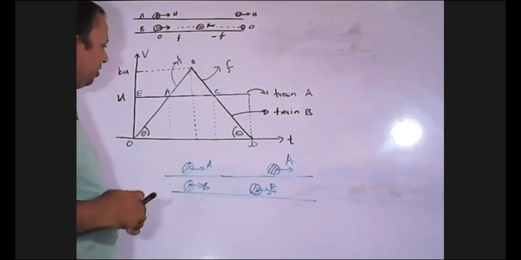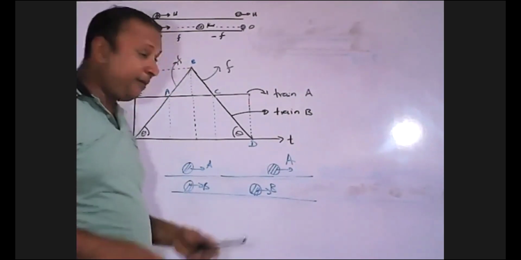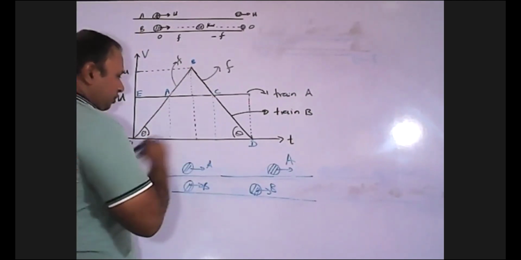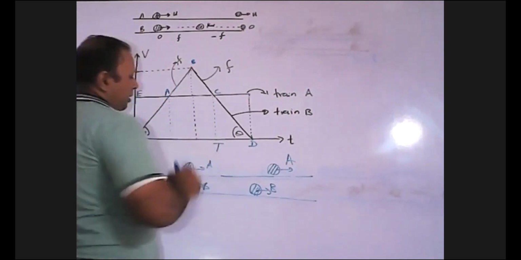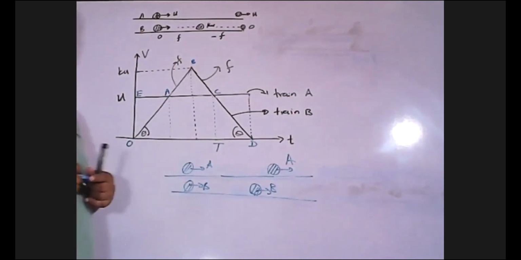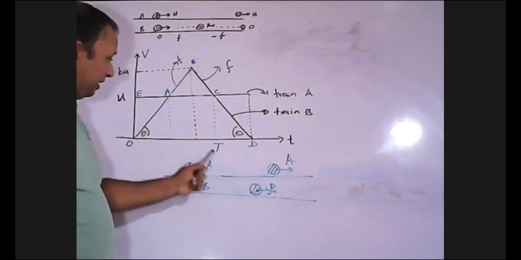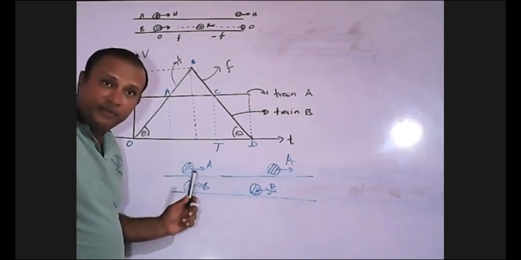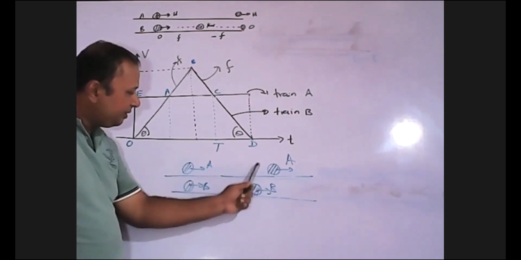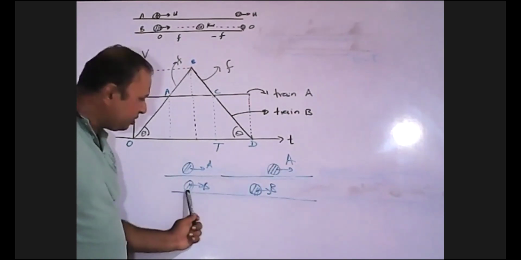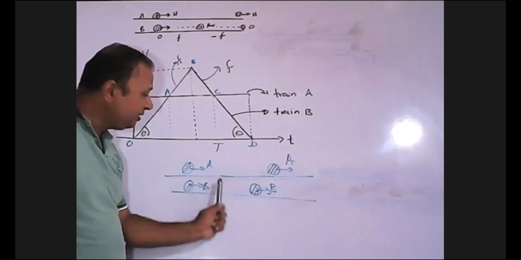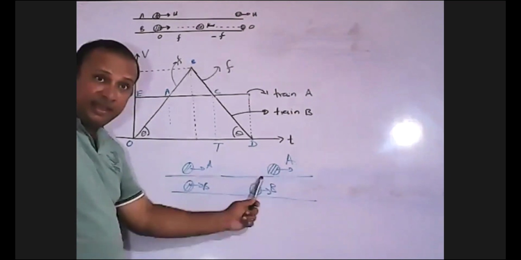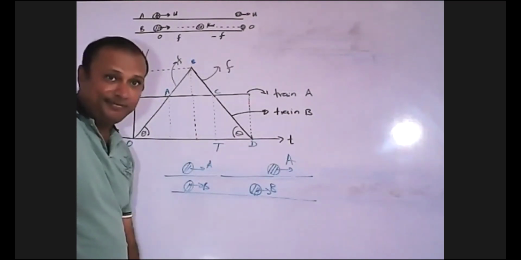Suppose when time is equal to capital T, train A is at this kind of position and train B is at this kind of position. That means train A has displaced more than train B.